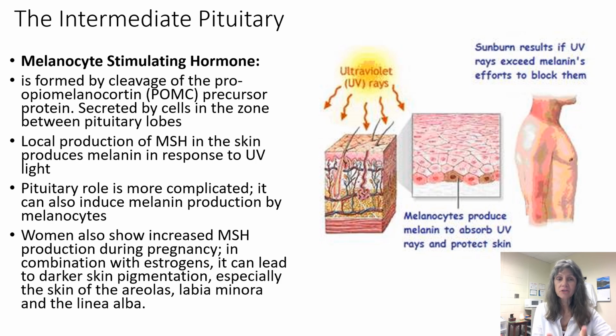It's a precursor protein, and it's secreted by cells in that area between the pituitary lobes. And local production of melanocyte stimulating hormone does occur in the skin, and it helps cells produce melanin in response to ultraviolet waves.